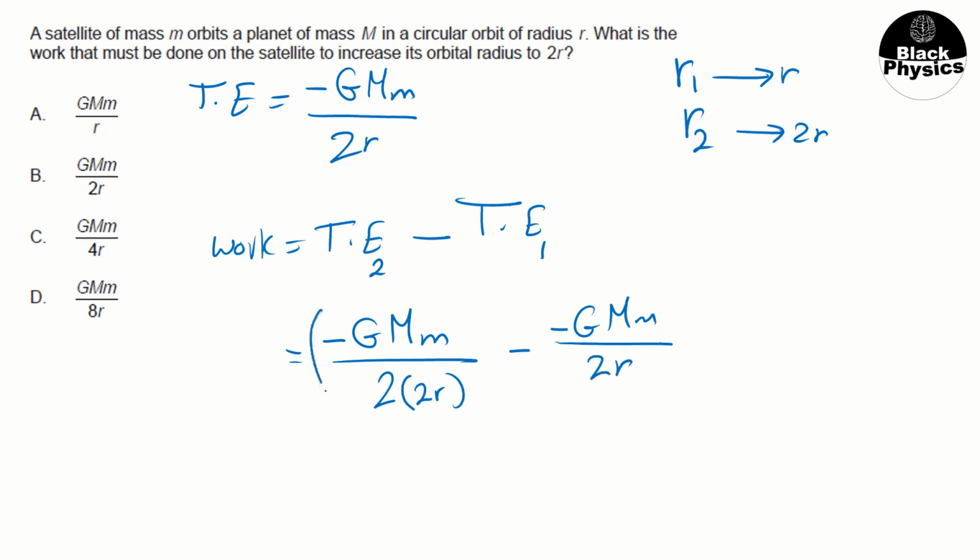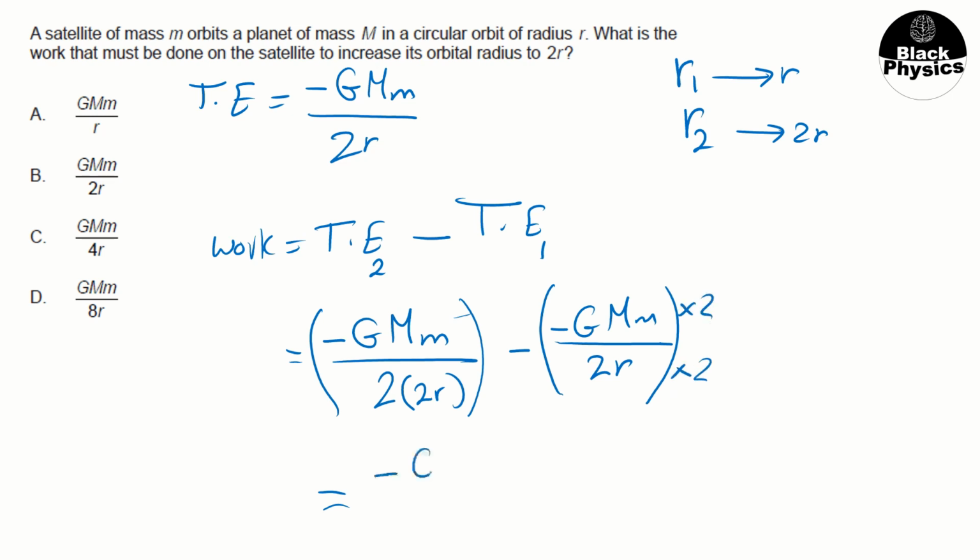So we need to subtract the total energy of the first position from the total energy of the second position, the one further away. Subtracting both equations from each other, we need to have a common denominator. So we're going to multiply this here by 2 in both terms.